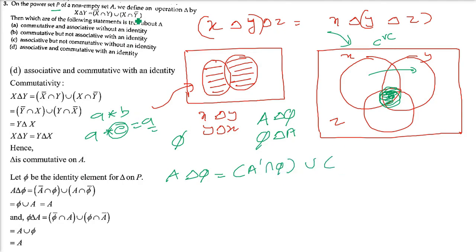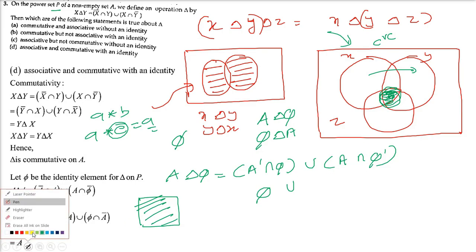If I write A operation phi, I will have to write X bar intersection Y union X intersection Y bar. Then in place of X write A, in place of Y just write phi. So anything intersection with phi will always be phi. And phi is nothing, and if you take the complement, it is nothing but everything.